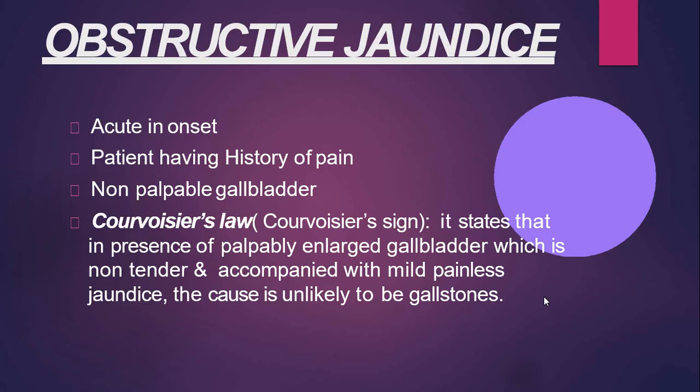Now what is Courvoisier's law? It states that in the presence of a palpably enlarged gallbladder, which is non-tender and accompanied by mild painless jaundice, the cause is unlikely to be gallstone. Now it means the cause is malignancy.